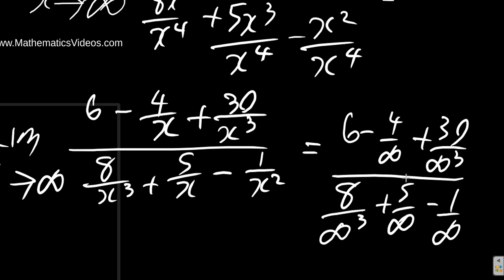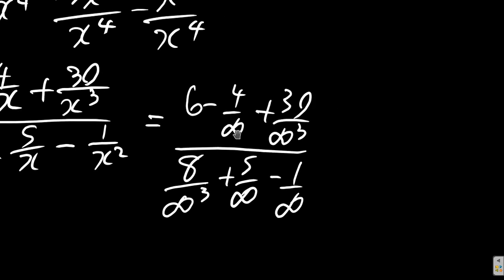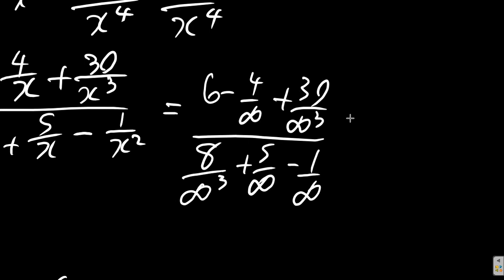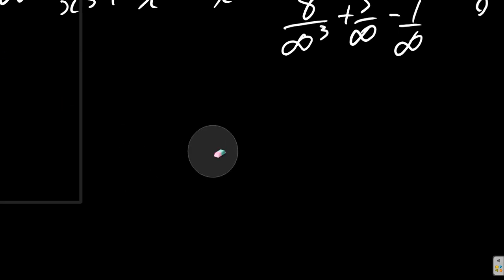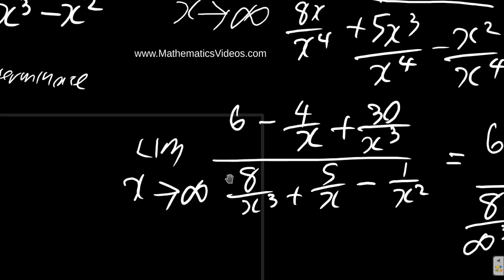What happened? You would have 6 minus 0 plus 0 on top, because 4 divided by infinity is 0 and 30 over infinity cubed is 0, so it's 6, divided by 8 over infinity cubed is 0, plus 5 over infinity is 0, minus 1 over infinity squared is 0. So the limit would be infinite. If you plot a graph, the curve would go up and up, to infinity.